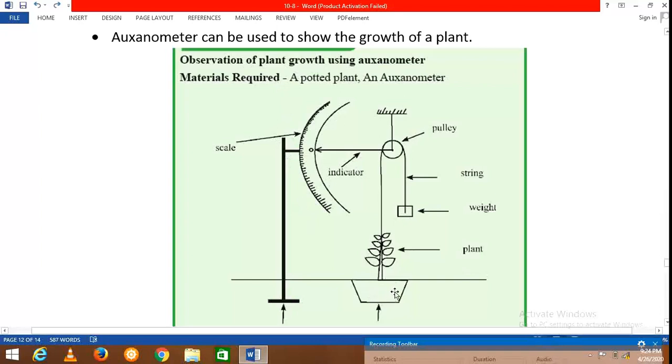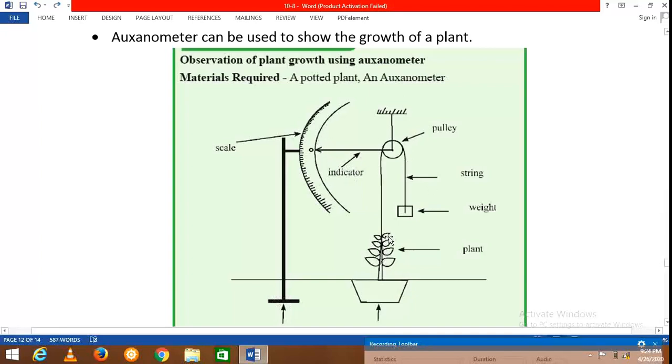Here you can see a potted plant and the shoot apex is connected with a string, and the other end of the string is connected with a weight, and it is sent across a pulley, and the pulley is connected to an indicator. So when the pulley is rotating, the indicator will also move. And here there is a scale which is kept on a stand. So when the indicator moves, we can get the reading out of the scale.